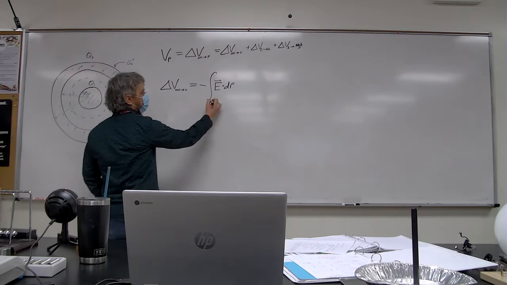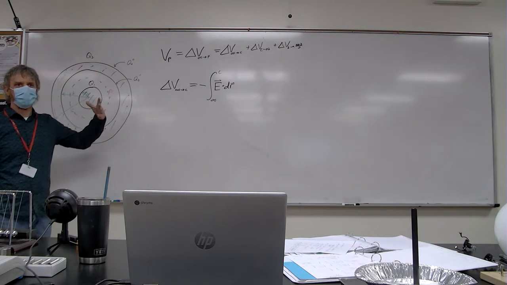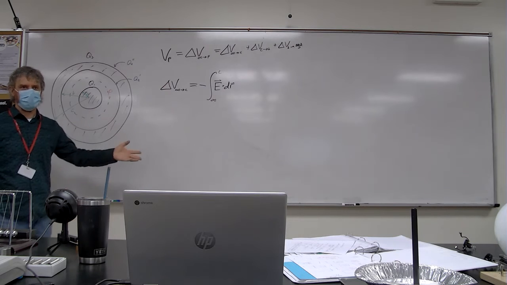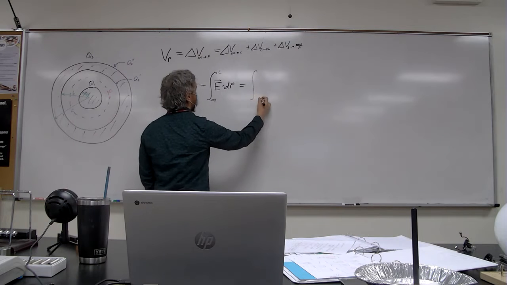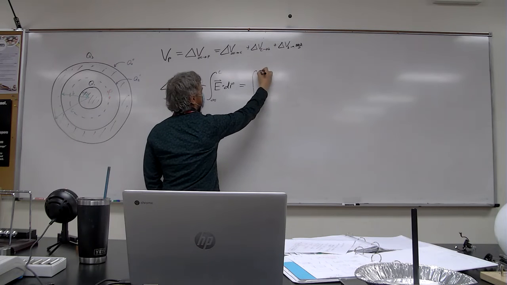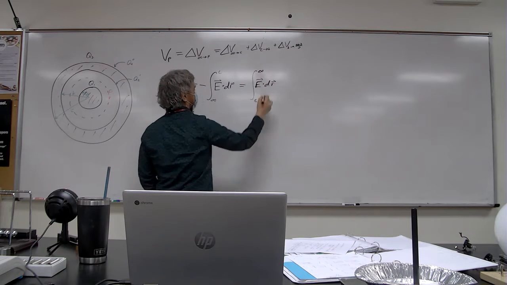So you're going from infinity to point C. That's when I apply the fundamental theorem of calculus, I'm going to subtract the top from it. Or I can flip the limits of integration and go from C to infinity of E dot dr. I get the same result.